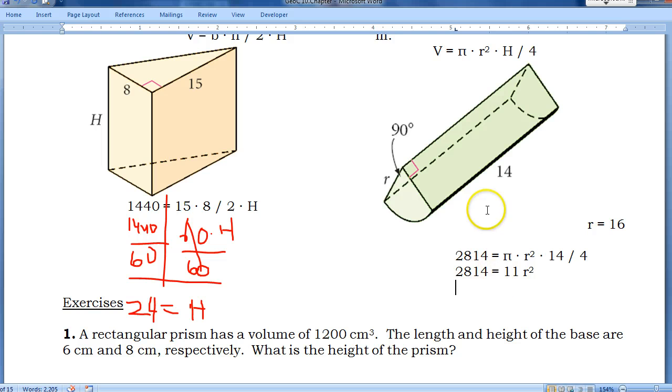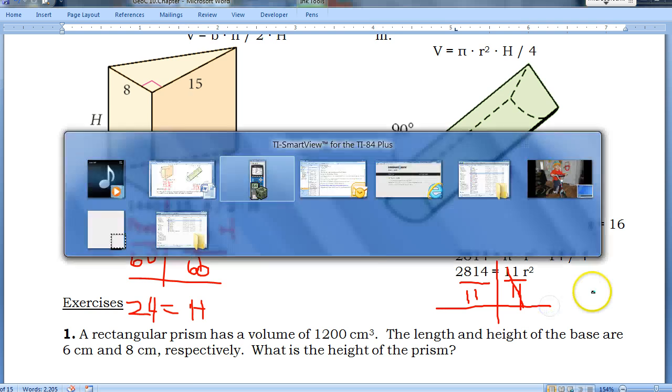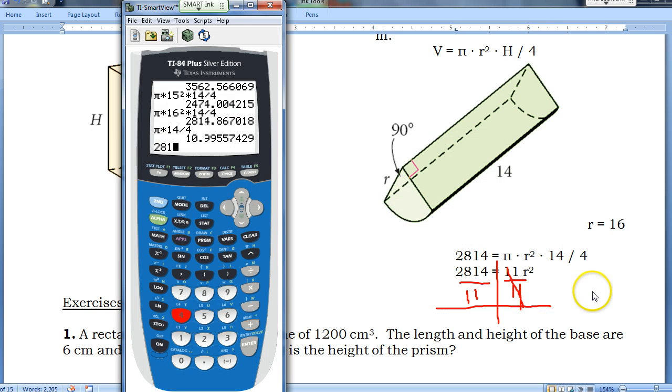We'll divide both sides of the equation by 11. 2,814 over 11 is 255.8.